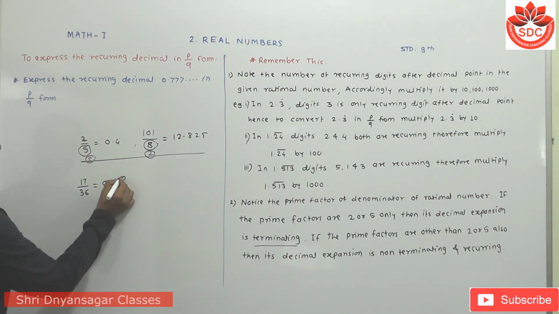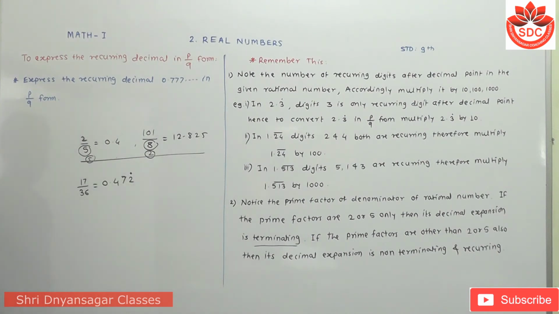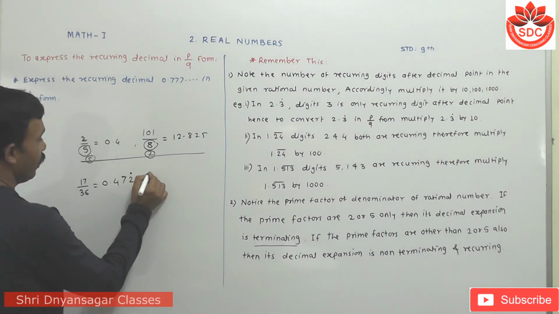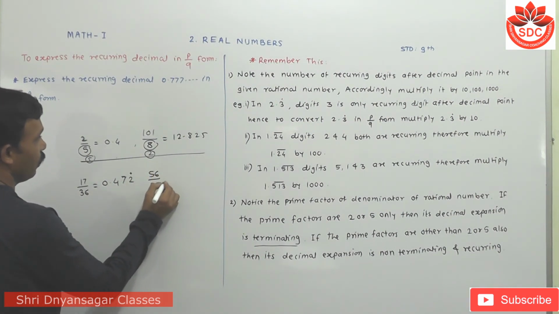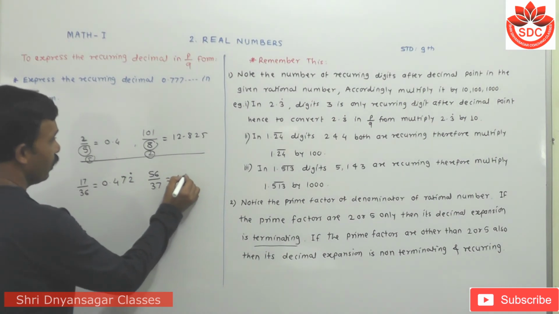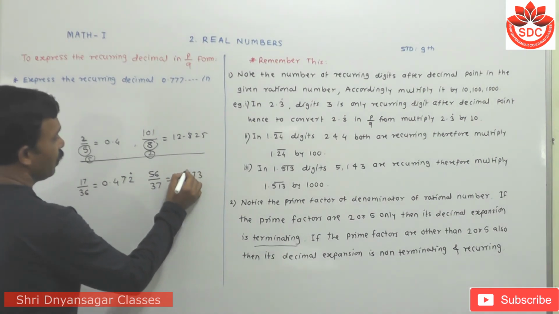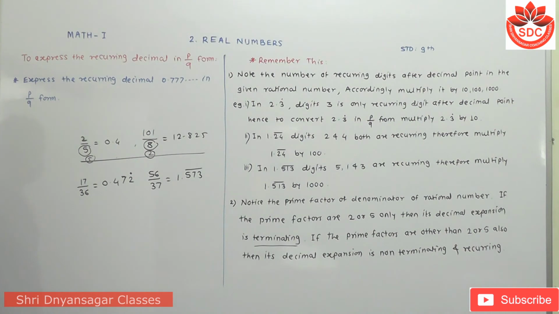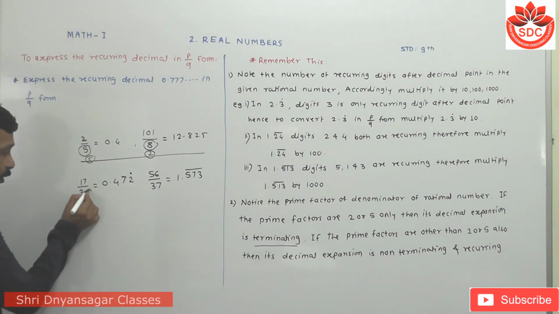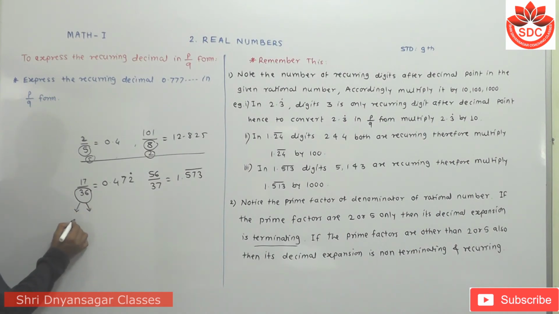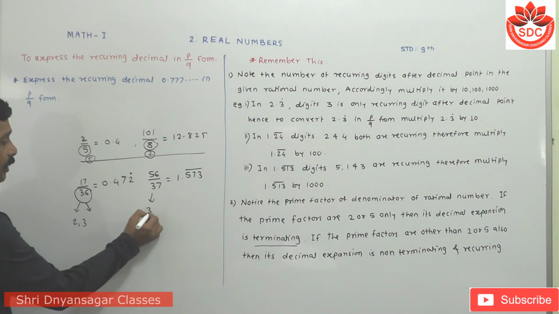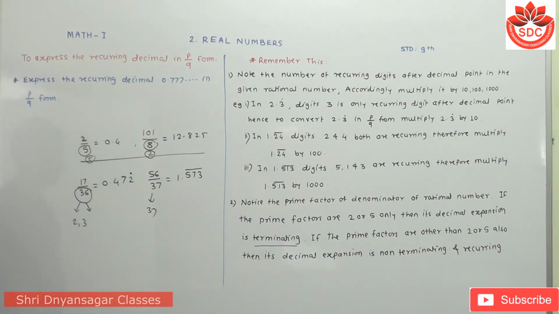The next example was 17/36, whose division was 0.472 bar, where 2 comes many times. And the second was 56/37, which was 1.513 bar. For 36, the prime factors are 2 and 3, and 37 is a prime number, so these are the factors.